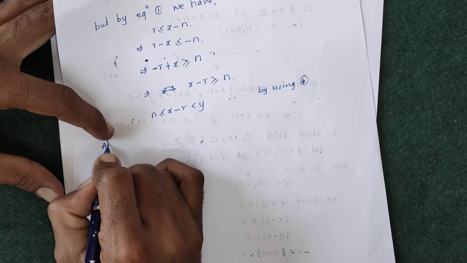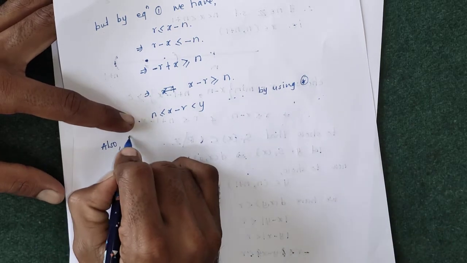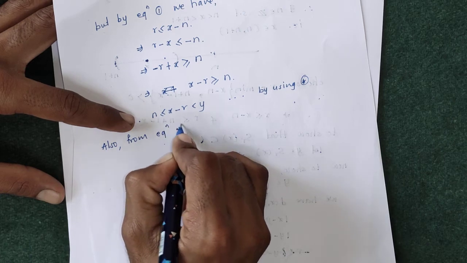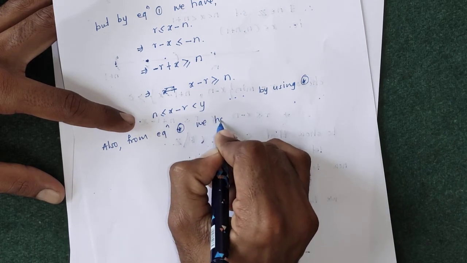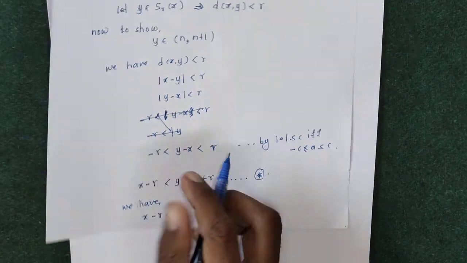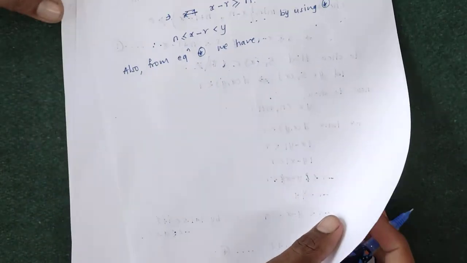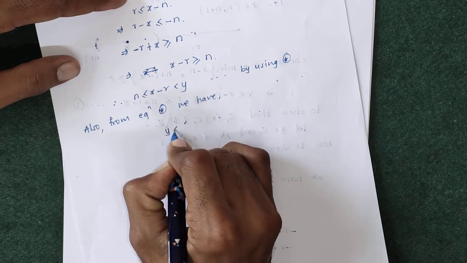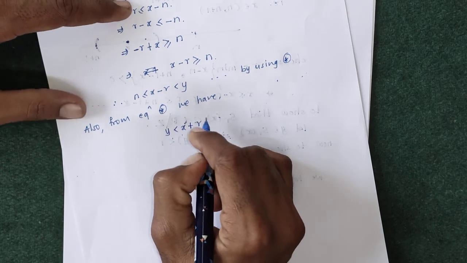Also from equation star, we have y is strictly less than x plus r.